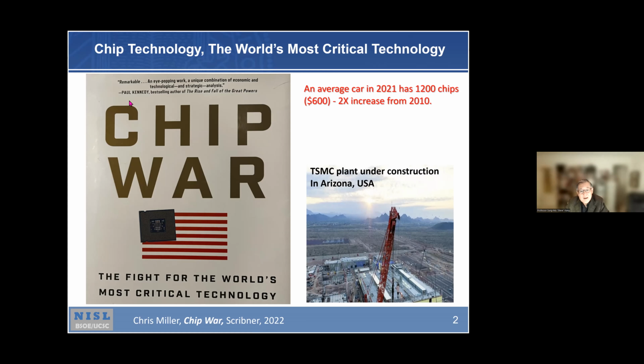And then back in 1958, the first integrated circuit, with one germanium transistor, one capacitor, and three resistors, was achieved by Jack Kilby at TI, for which he got the Nobel Prize in the year 2000.